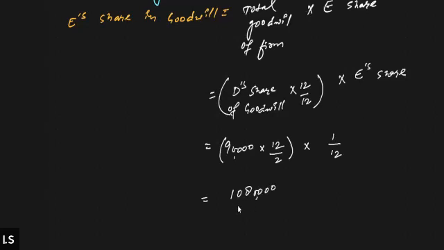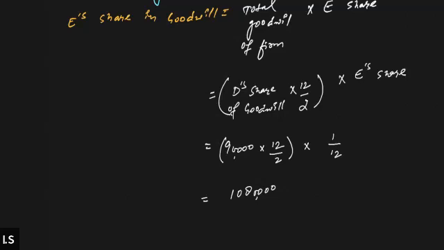Sir, 12 by 12, right? You write 12 by 2. Yes, this will be 12 by 2. Sorry. D's share was 2 by 12, so we will just do the reciprocal of the share. That will be 12 upon 2. Got it?